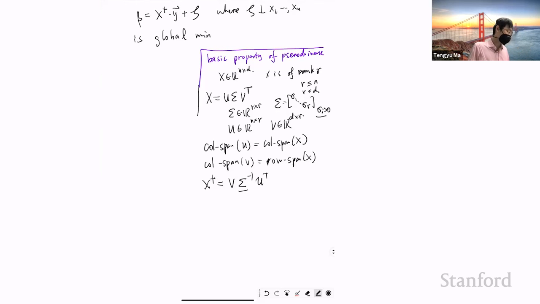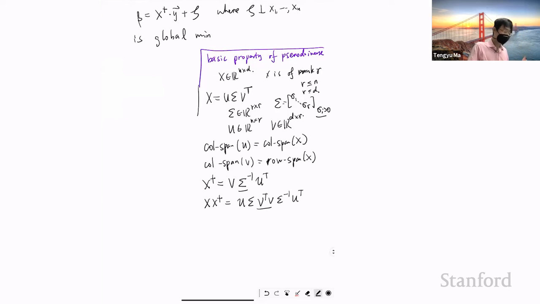Now if you want to understand the properties of the pseudo inverse, you can verify it yourself. X times X pseudo inverse is U sigma V transpose V sigma inverse U transpose.